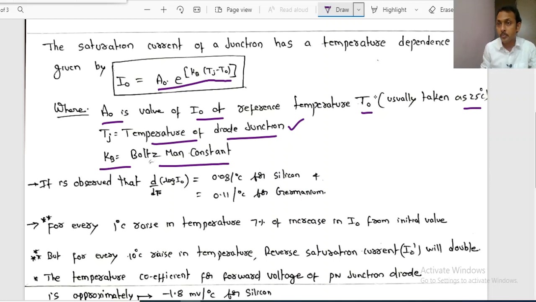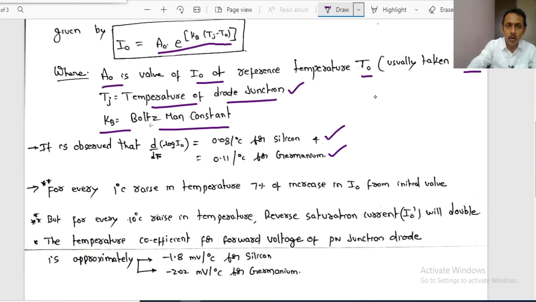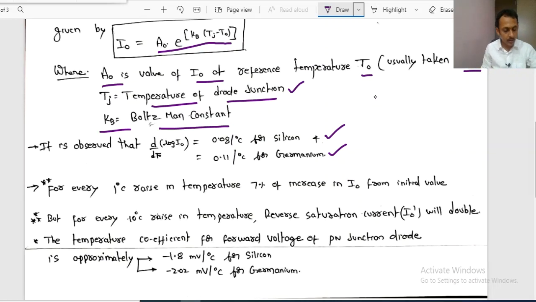Now it is also observed that the derivative of log I naught with respect to the temperature is 0.08 per degree centigrade if it is silicon, and 0.11 per degree centigrade if it is germanium. Some more interesting key points you can remember. For every 1 degree centigrade rise in temperature, there will be a 7% increase of I naught from the initial value.